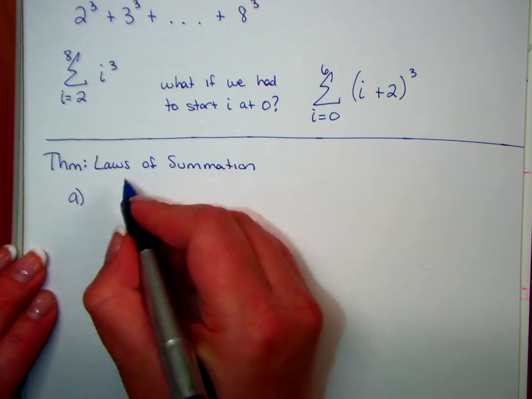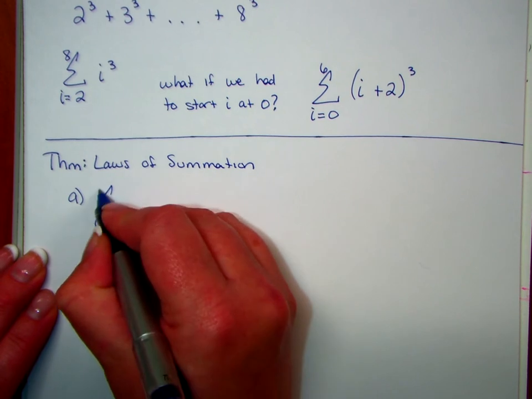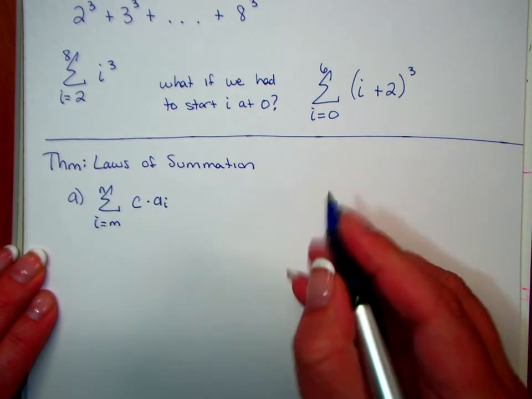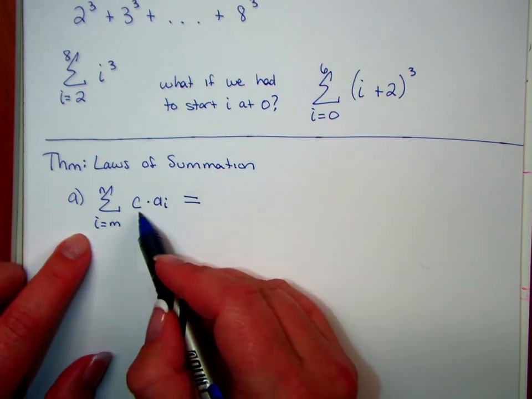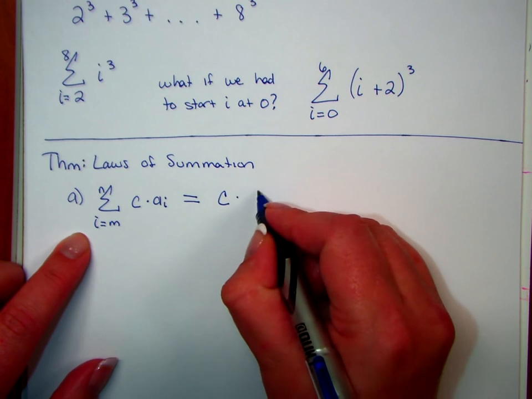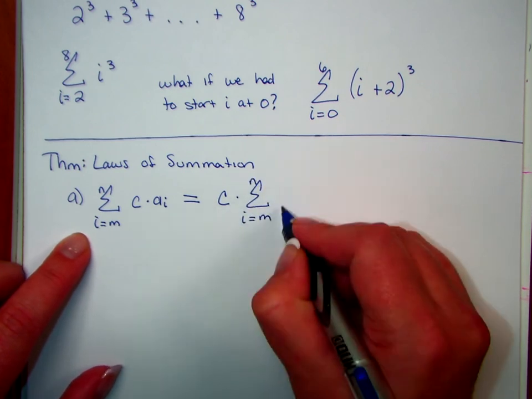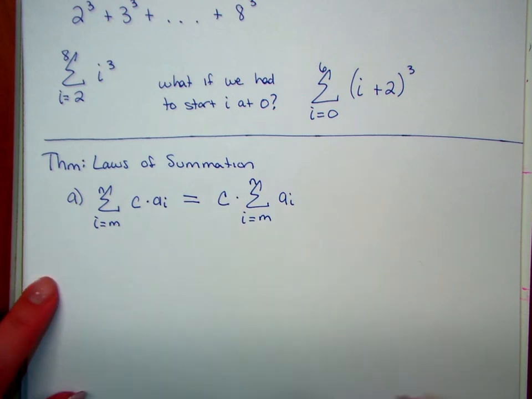If we have a summation of a constant times a sub I, as a law, we can always take the constant out in front of the summation and do the constant times the summation, like factoring out the 2 or factoring out the delta x. This will always be true.